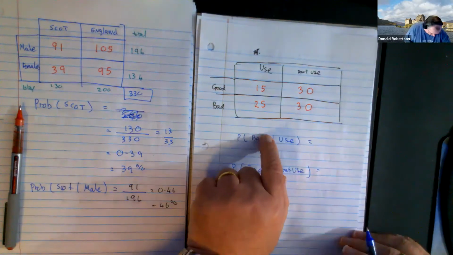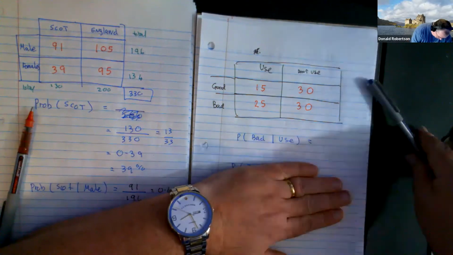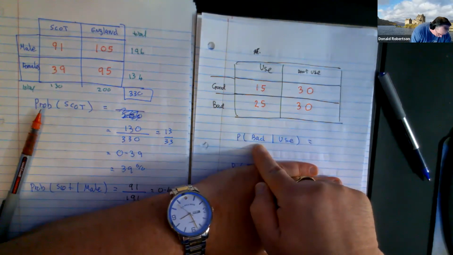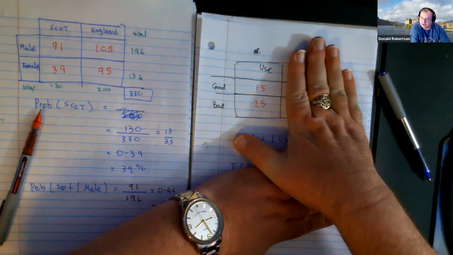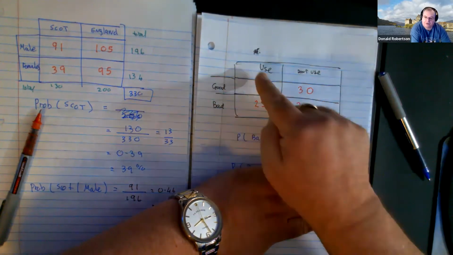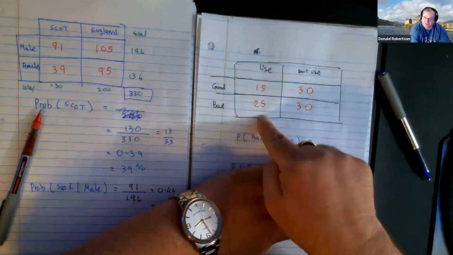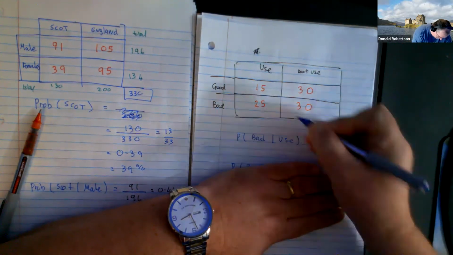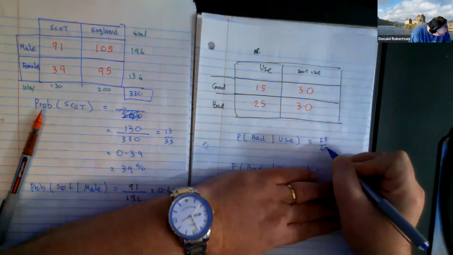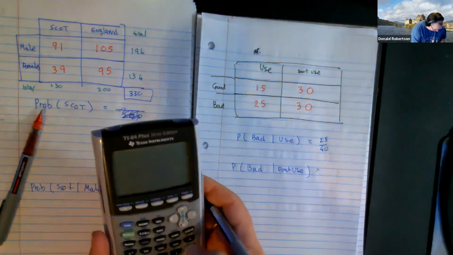Well, let's do the first one. Probability that you've got bad health given you use marijuana. Doesn't the world now just consist of that column? Since you know that they use it, this is where your data lives. And the number we've got here is 25 out of 40. Let's do that as a percentage.